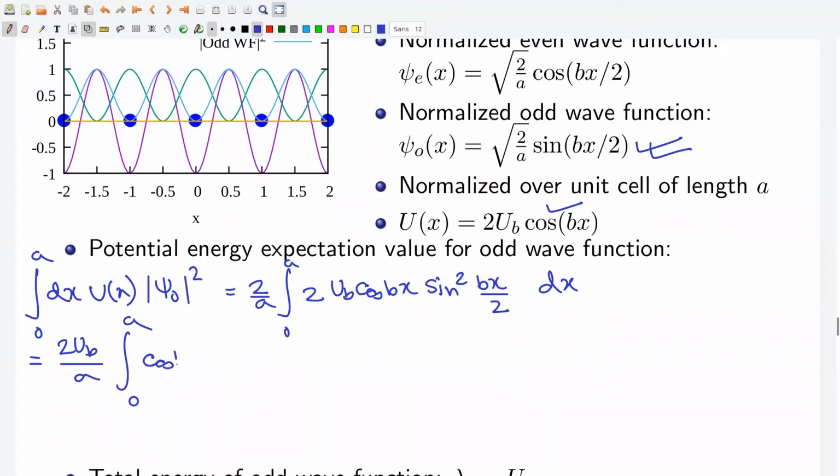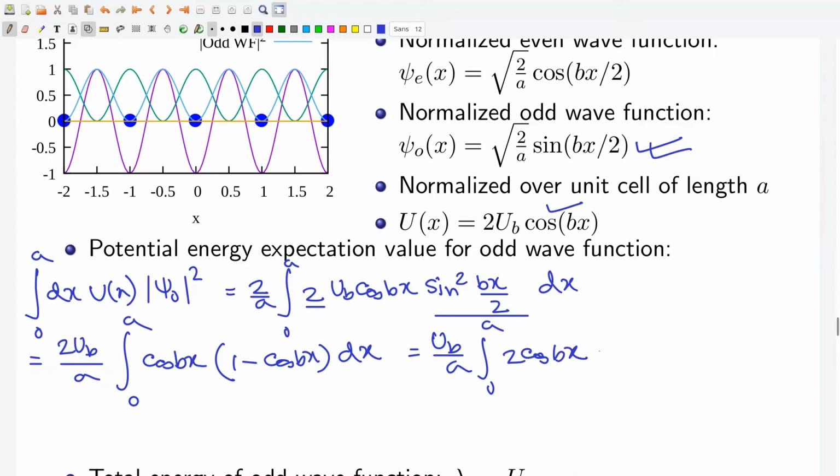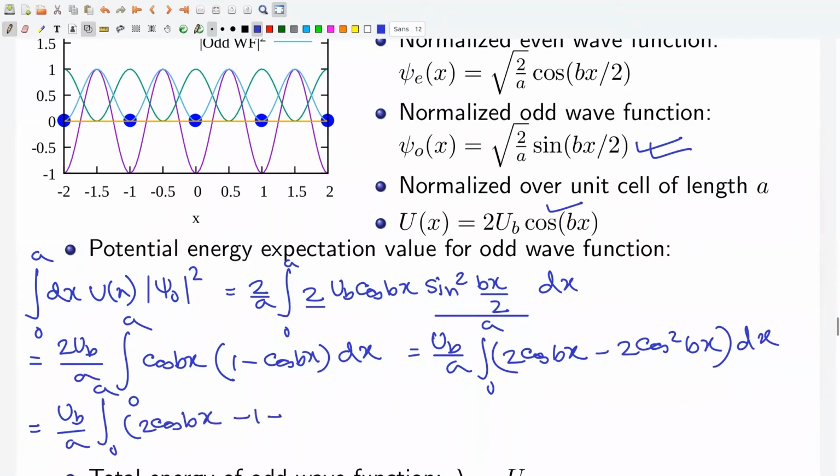cos of dx, and 2 sine square dx by 2 is 1 minus cos of dx dx, which is equal to ub by a integral 0 to a 2 cos of dx minus 2 cos square dx dx, which we can write as ub by a integral 0 to a 2 cos of dx minus 1 minus cos of 2bx dx.